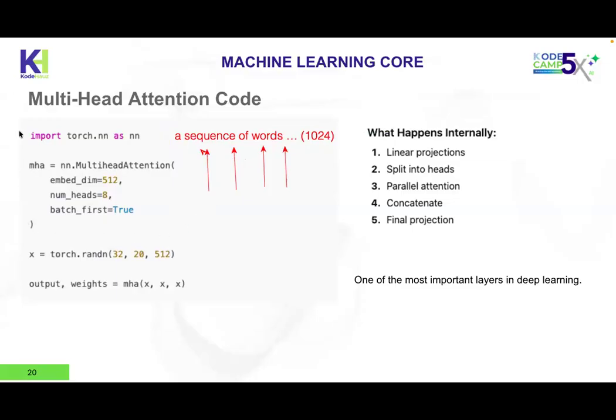So effectively, think of it this way. You have a matrix: 1024, that's the sequence length, and then you have 128, which is the size of each vector.